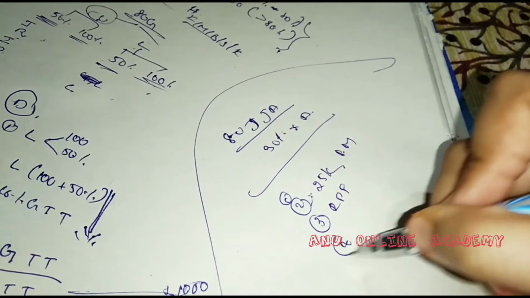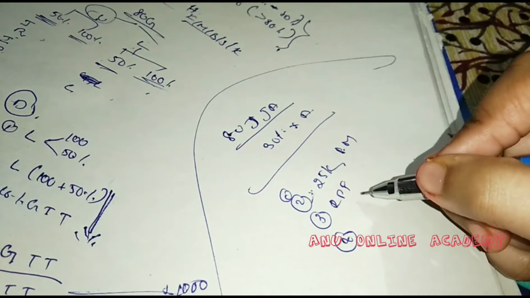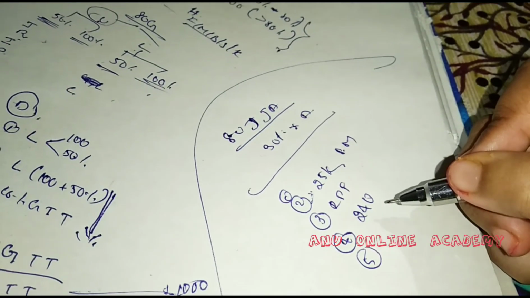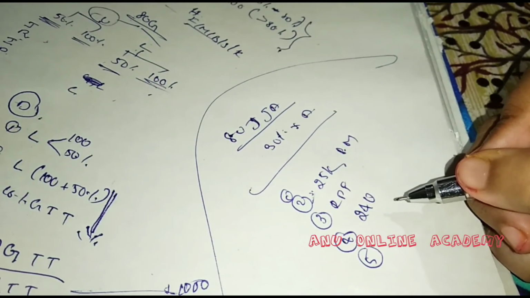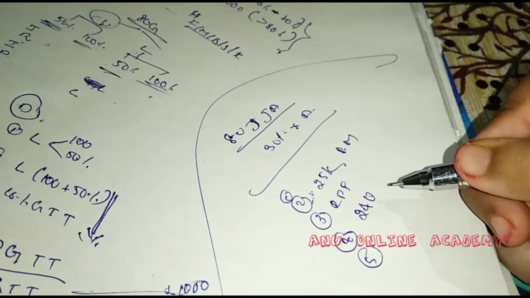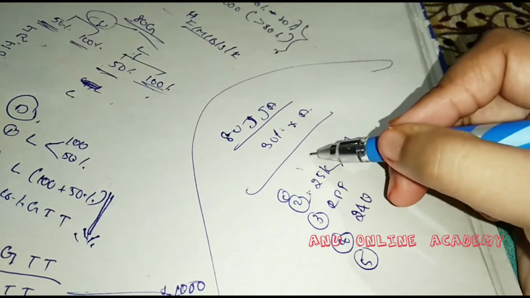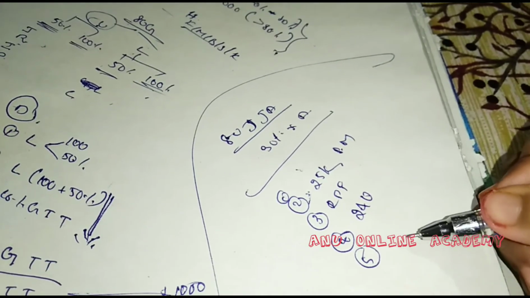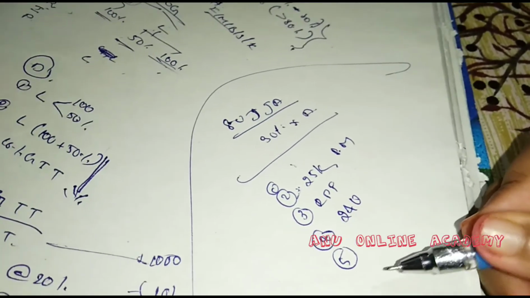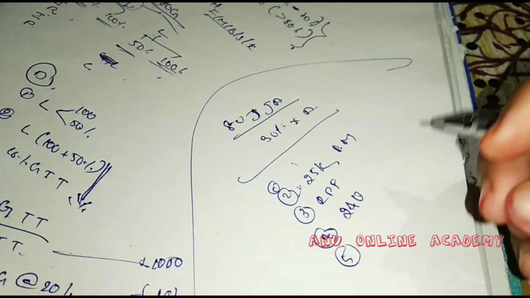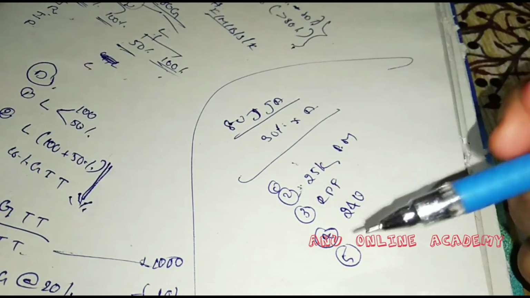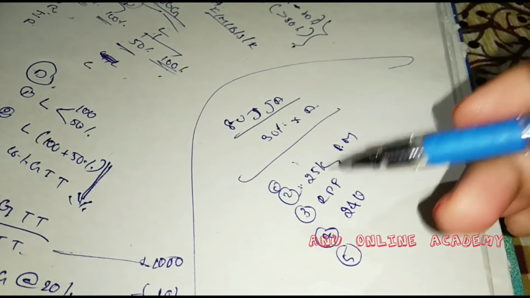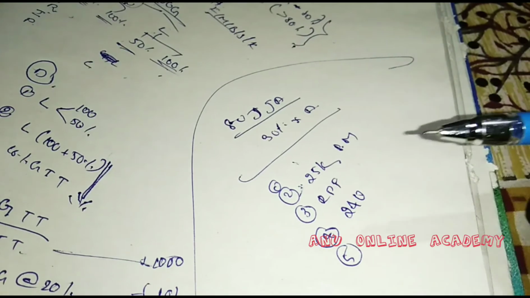And the next, the employee should be employed for 240 days minimum. If the employee is employed in the business of making footwear and leather products, then they should be employed for 150 days minimum. If the employee is not employed for 240 days or 150 days, as the case may be, but is employed for a period of 240 days or 150 days in the succeeding year, then in the succeeding year the company will get a deduction of 30%.